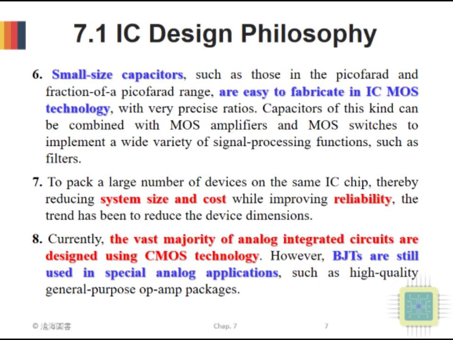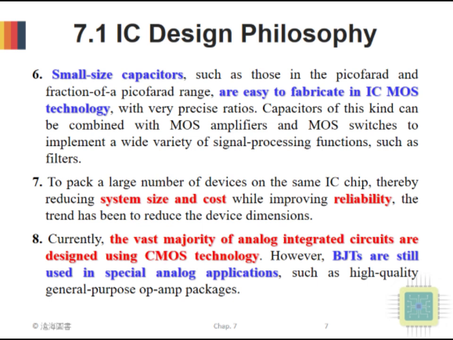Seventh, to pack a large number of devices on the same IC chip, thereby reducing system size and cost while improving reliability. The trend has been to reduce the device dimensions. Eighth, currently, the vast majority of analog integrated circuits are designed using CMOS technology. However, BJTs are still used in special analog applications, such as high-quality general-purpose op-amp packages.